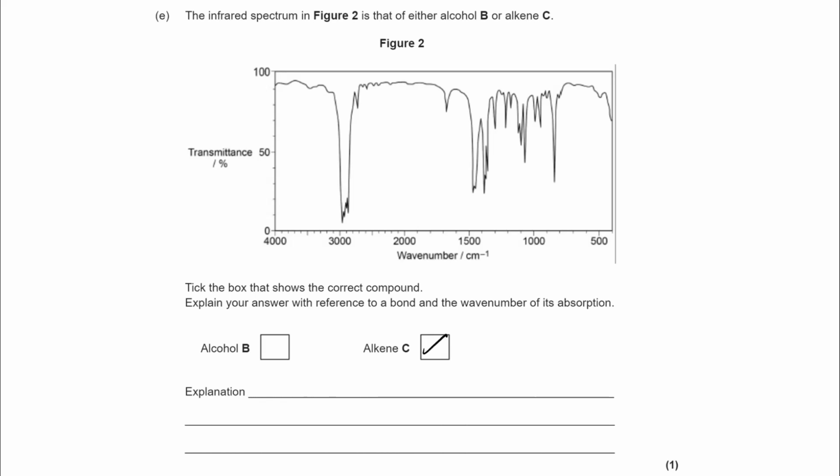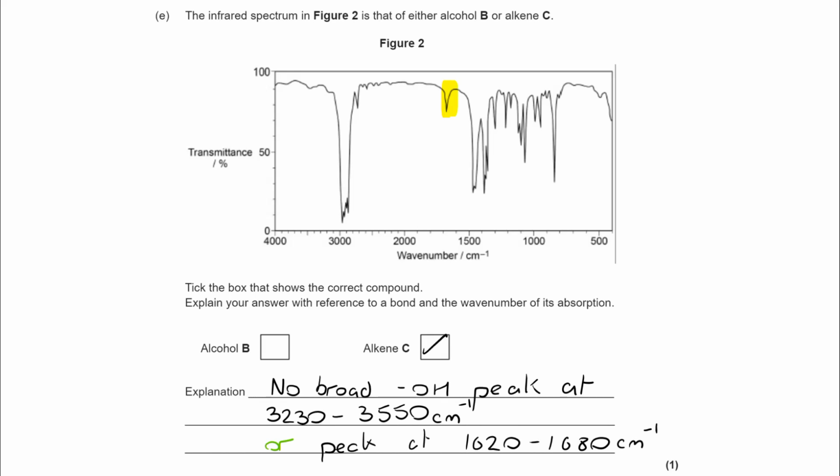The one that immediately stands out to me, because I will always look for that broad peak on the left-hand side, is there is no broad OH peak. If there's no OH peak, it can't be an alcohol, so it must be alkene C. However, I can also check that I do have a peak at 1620 to 1680, which proves that it is an alkene. It's not a huge peak, but it is there, and it proves what we're working with.